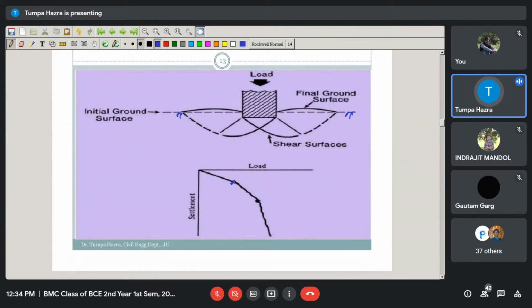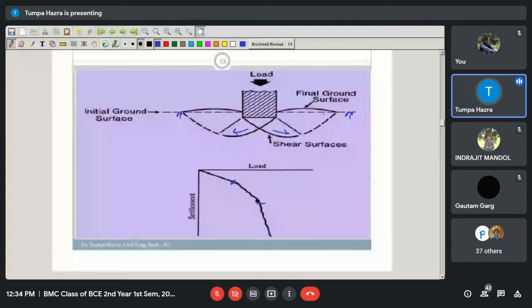But if it exceeds this point, the ultimate bearing capacity of the soil, then there will be a chance of failure of the underneath soil due to the shear. Along with this shear failure, you will find there will be bulging of the soil adjacent to the building. Now this bulging is not as distinct as in the general shear failure.